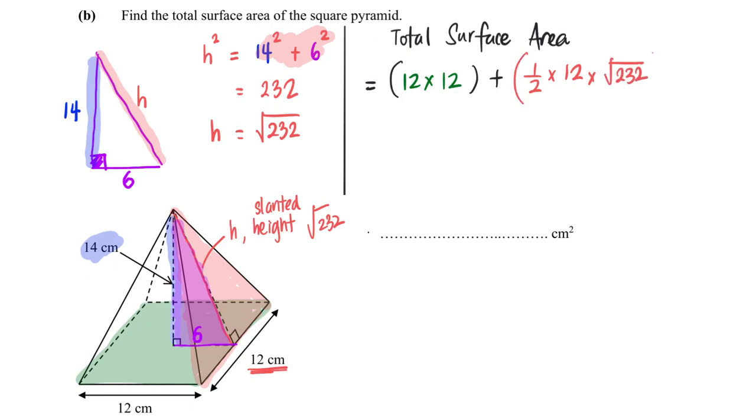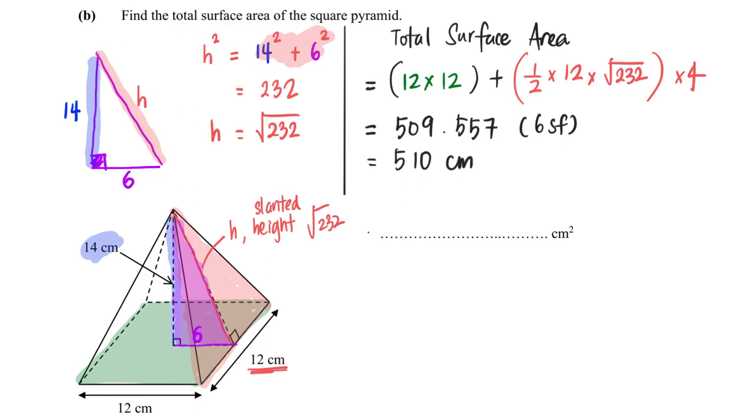And how many are there? 4 triangles. This will then give me a value of 509.557 to about 6 significant figures, followed by final answer in 3 significant figures, 510 cm square.